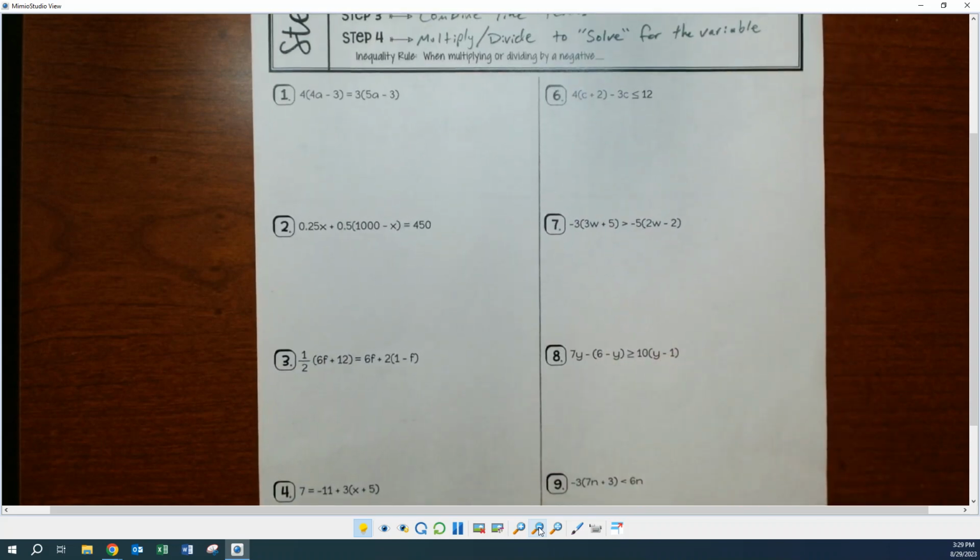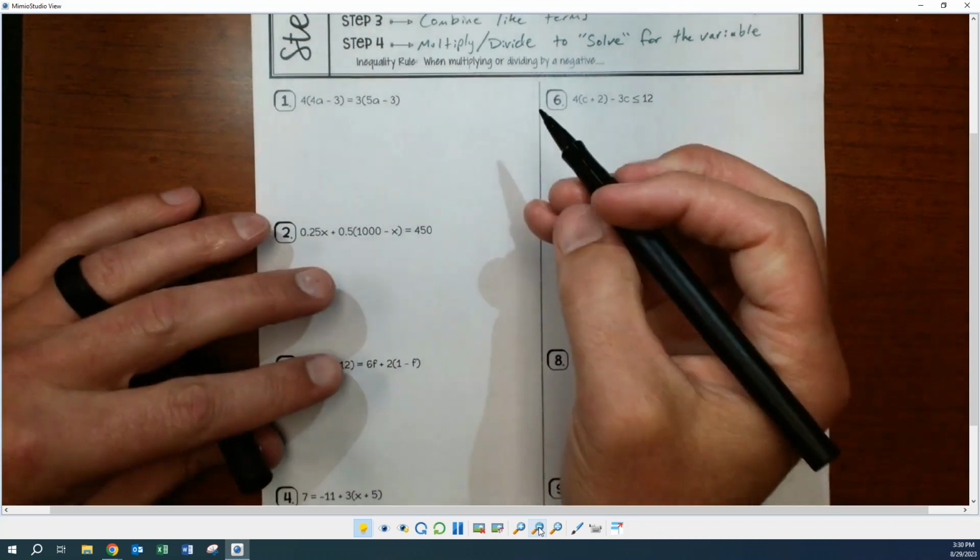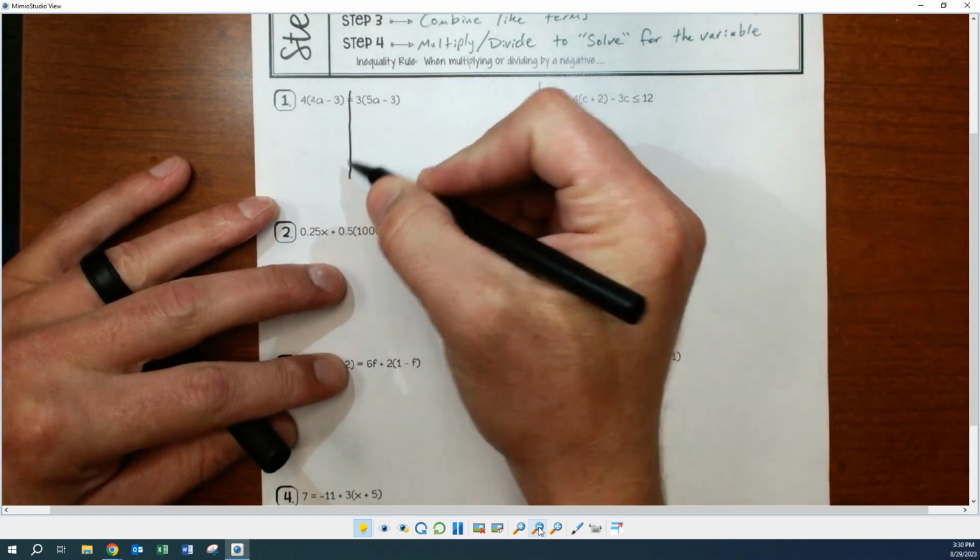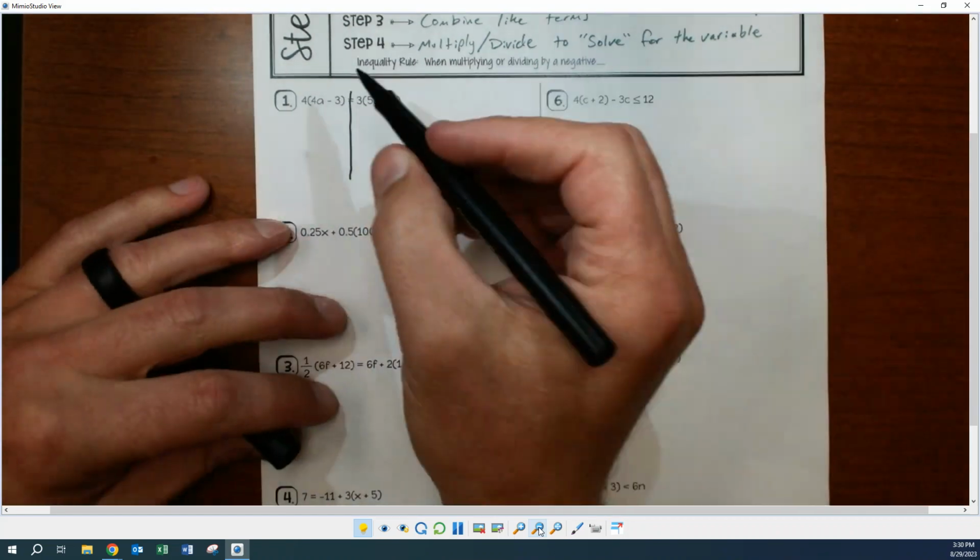So on problem number 1, I want to go through and do our normal process of solving equations. My very first step, I always want to distribute, because when I distribute, I eliminate any sort of problems.